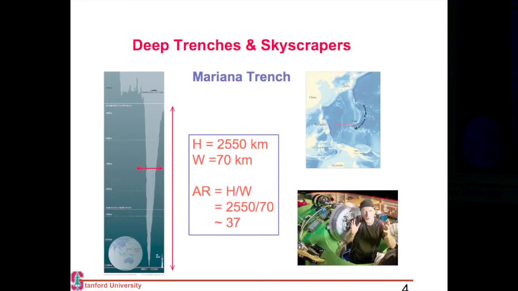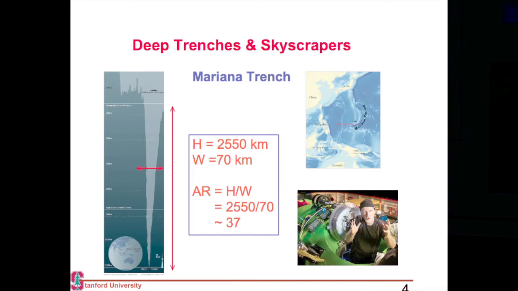So let's look at the deepest trench in the world. It's Mariana Trench. It's located off the coast of Japan, and it's 2,550 kilometers deep. So it's around 1,500 miles deep, and its width kind of varies from the top to the bottom, but on an average it has a width of 70 kilometers.